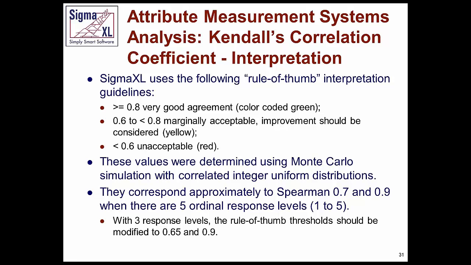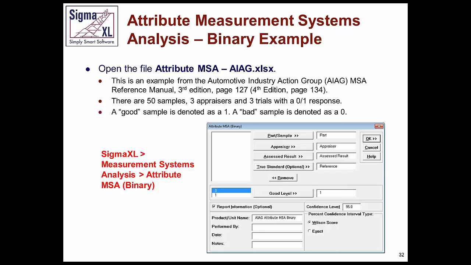So slightly different values. Again, the important thing is if it's red, it's poor. If it's yellow, opportunity for improvement, and if it's green, it's good. One other thing we've added is confidence intervals to the kappa scores as well as to the Kendall scores. So with that, let's have a look at an example.